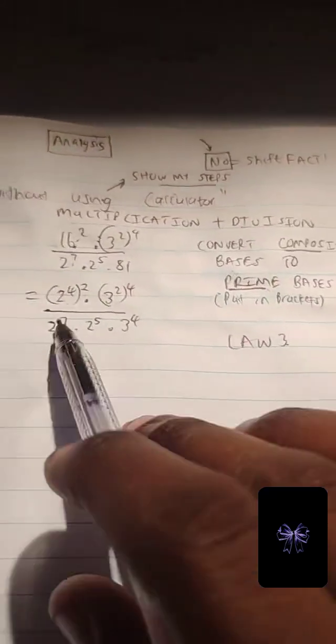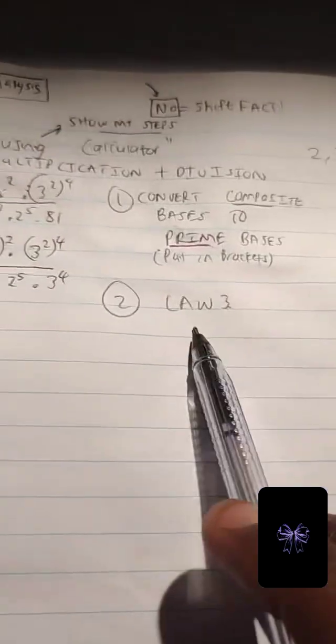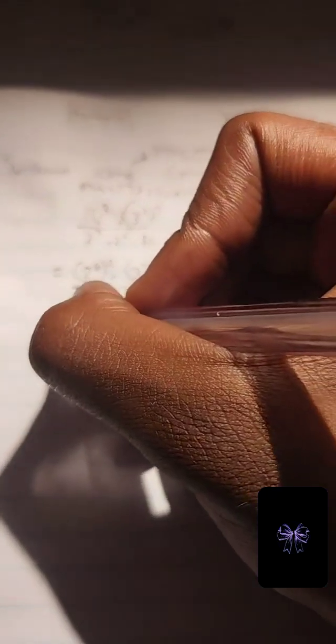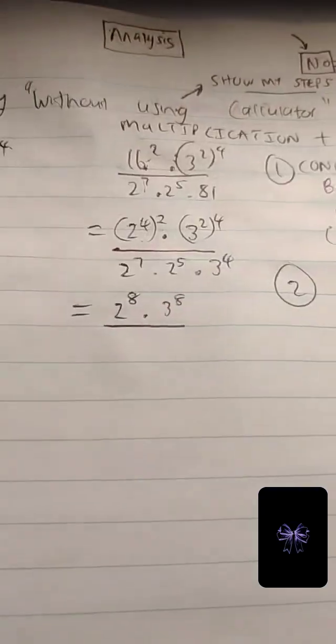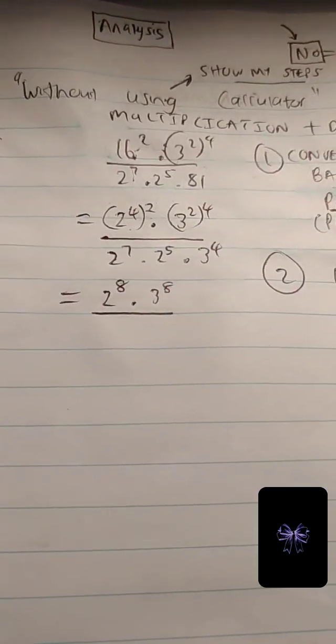So law number 3 is going to help me out with sorting out all the exponential thingamabobs. Remember that law? So let's go ahead and sort that out then. It's going to be 2 to the power of 8, multiplied by 3 to the power of 8, divided by 2 to the power of 7, multiplied by 2 to the power of 5, multiplied by 3 to the power of 4.